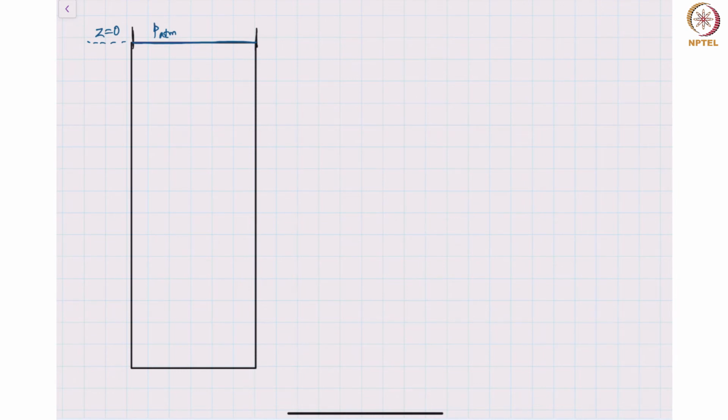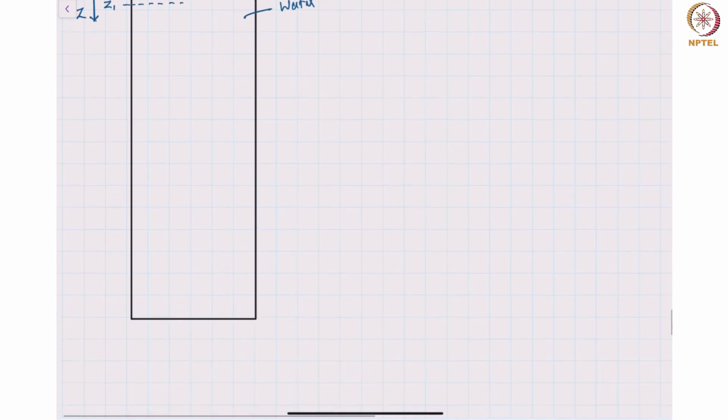Let's look at the variation at 3 different locations. The first location that I'm interested in, let's call it Z1, is very, very close to the interface. We'll just think of this as a water tank, and we have air above. And Z for me is positive downwards.